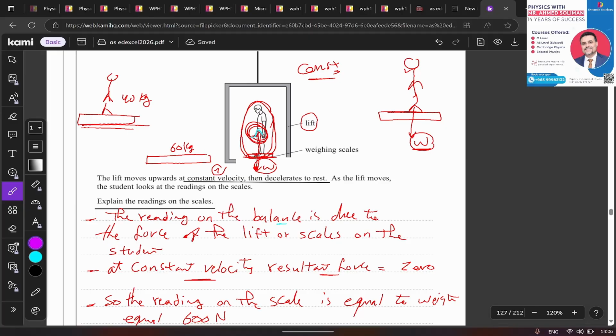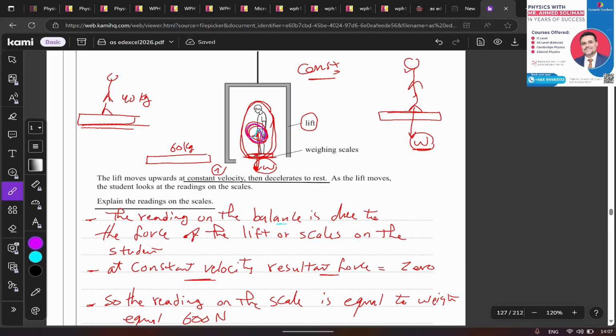You will see the reading is less. What does it mean? It means the reading is the normal force from the scale to the person. It is not the weight of the person. It is not due to the weight only.